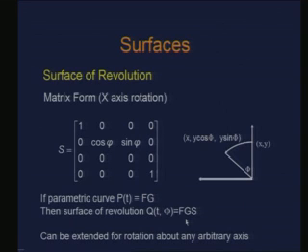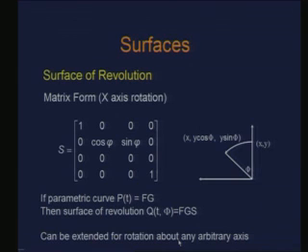right. Now, so far what we have seen is rotation about x axis, most of the examples what we have observed, but that does not have to be the case. You can also construct a surface of revolution using rotation about any arbitrary axis, and you know how to do that, right. So, this matrix H which is being used here will be some other matrix which would cause the rotation about an arbitrary axis, right.